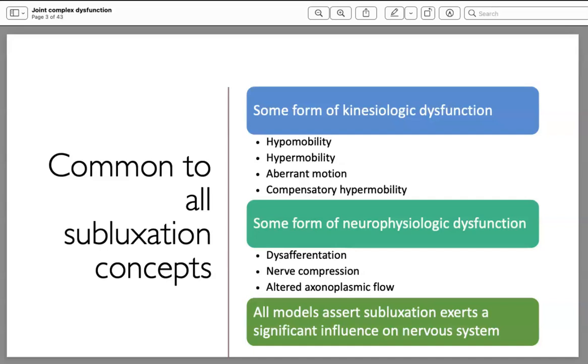We know due to the innervation within those joint complexes, we can have levels of deafferentation, altered sensory input.